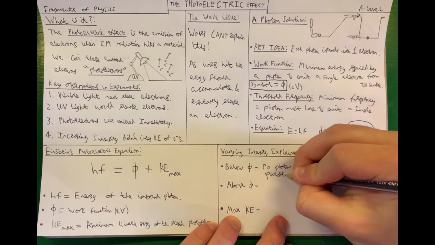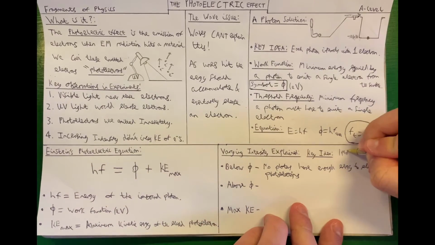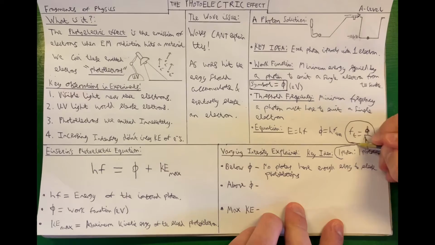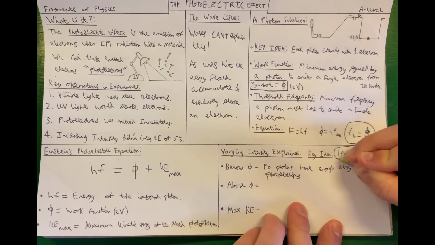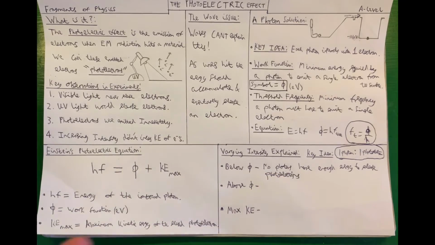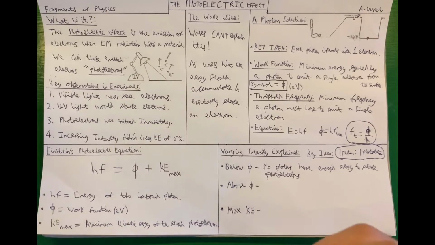And because of this 1-to-1 ratio, which is our key idea, 1 photon to 1 photoelectron. And I'll bubble that. So it doesn't matter how many I chuck at it below the work function, because none of them in this 1-to-1 ratio are ever going to have enough energy. So I can keep throwing photons at my metal, but it's never going to release an electron. Above the work function it is, and so each photon does have enough energy to release an electron.